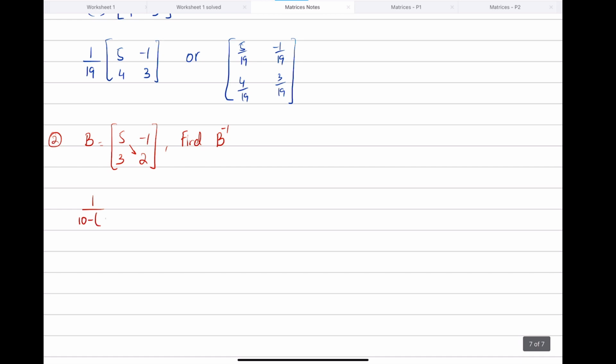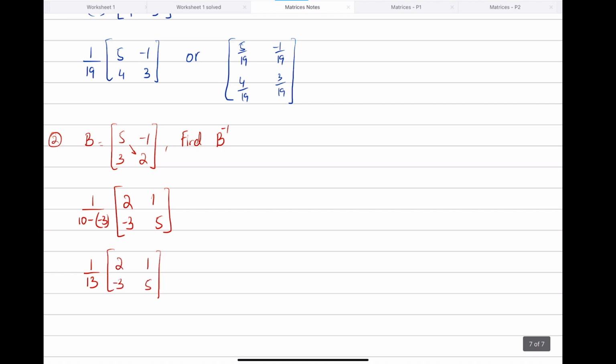We'll simplify this in the next step. Now 5 and 2 will swap places, so in place of 5 we'll have 2, in place of 2 we'll have 5. The sign of minus 1 and 3 will be changed, so we'll have 1 here and minus 3 over here. So our final answer becomes 1 upon 13 into 2, 1, minus 3 and 5.